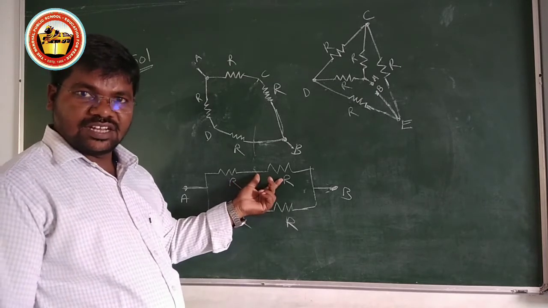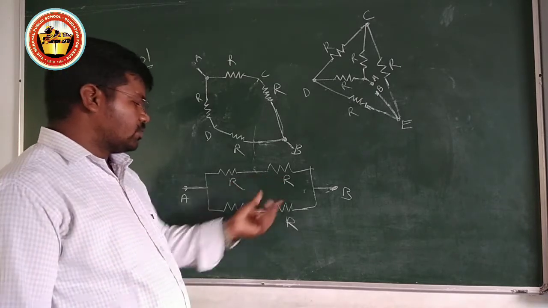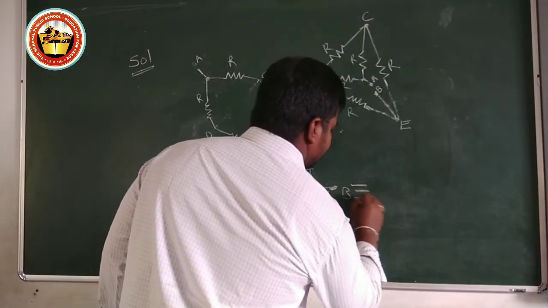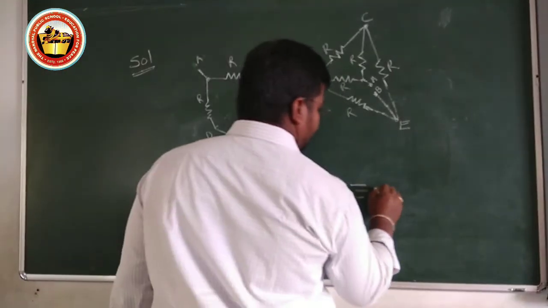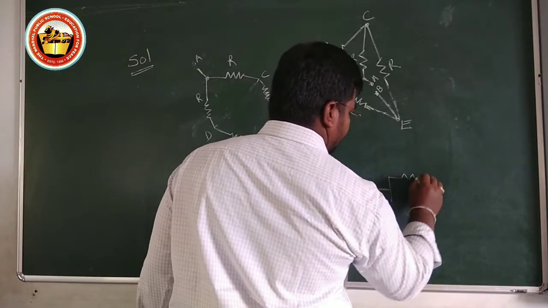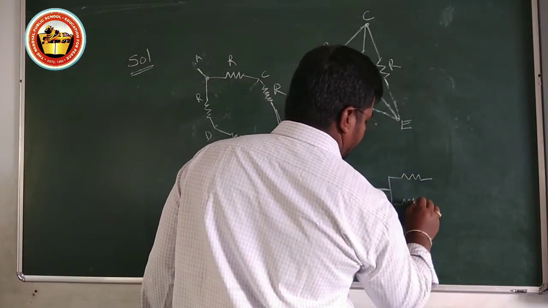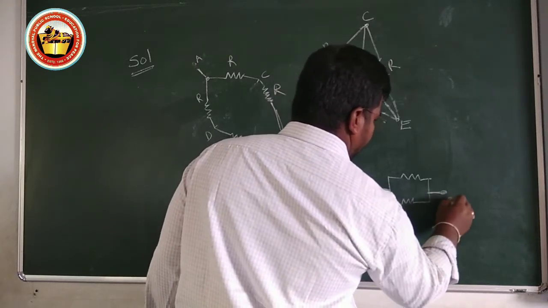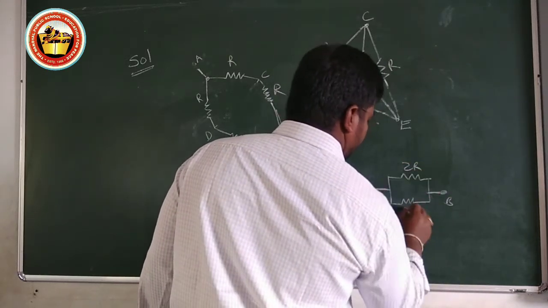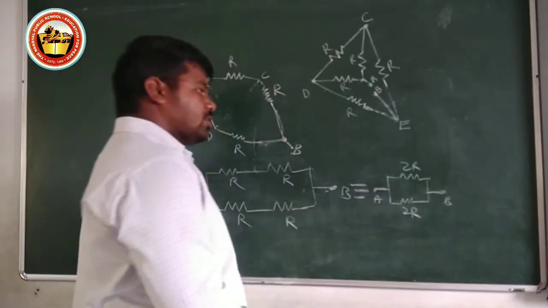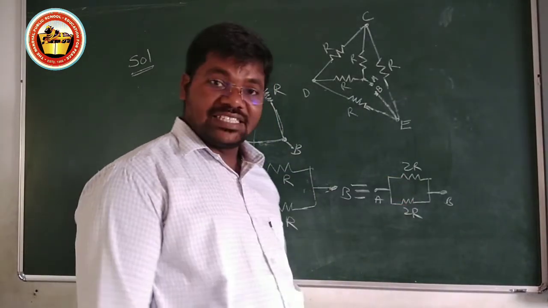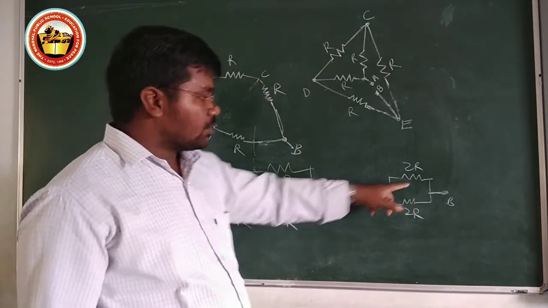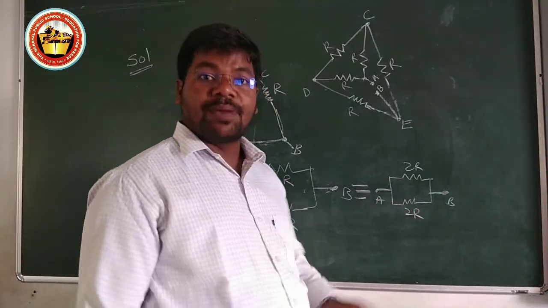That's why you have to take R plus R, 2R, R plus R, 2R. By rearranging this, we can get like this. A and B, 2R. This 2R and 2R resistance in series. Here 2R and another 2R is in parallel.